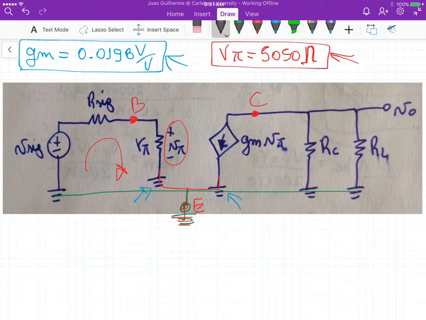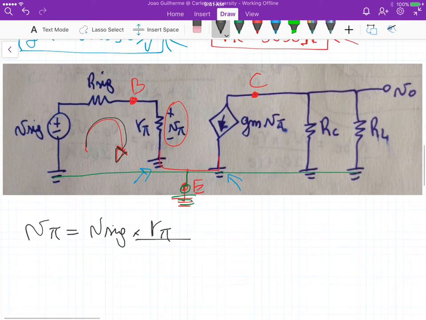So V pi is equal to V signal. It's basically applying a voltage divider, right? The voltage across R pi is the same as V signal times R pi divided by R signal plus R pi.